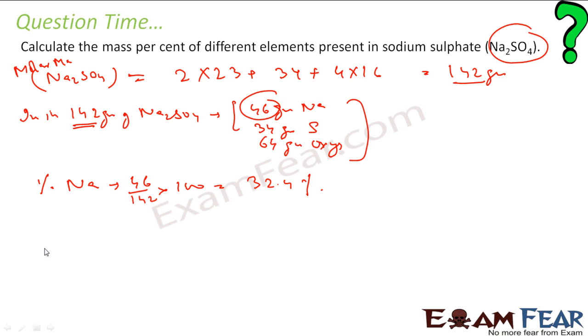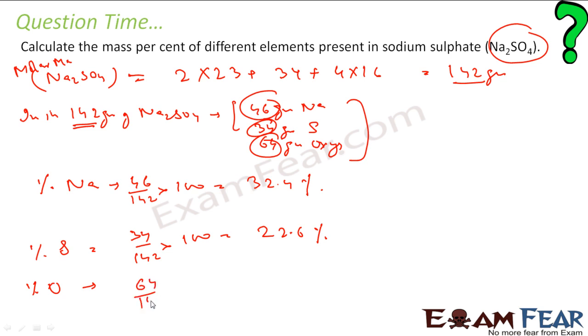If you want to find percentage of sulfur, that is nothing but 34 by 142 into 100, that is 22.6%. If you want to find the composition of oxygen, percentage of O, that is 64 by total 142 into 100, and that is 45%.